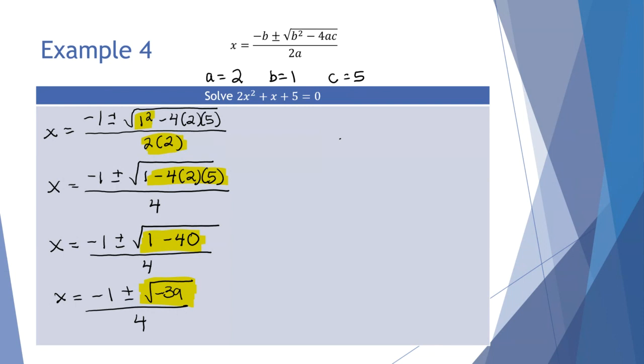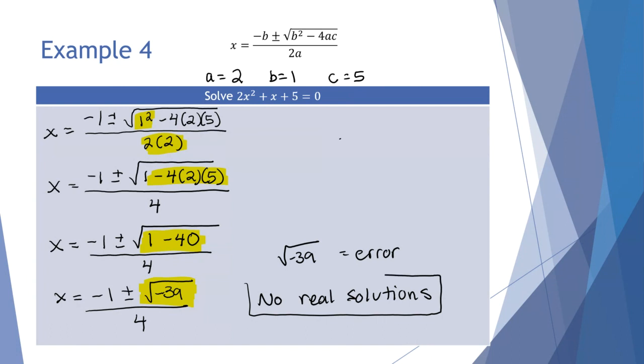Mine says domain error, because you can't take the square root of a negative number. So square root of -39 gives us an error. That means we have no real solutions, and we can't go further. So there are no real solutions.